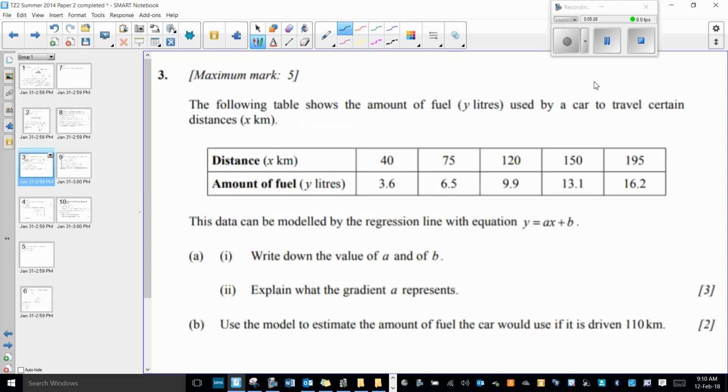Okay, so regression line, so we're going to input data.